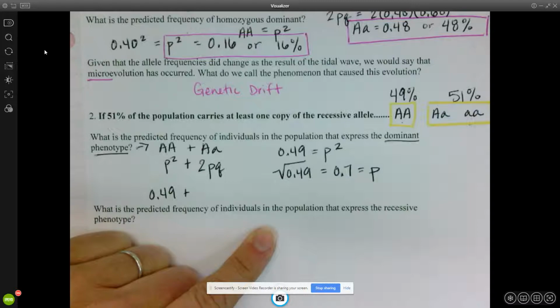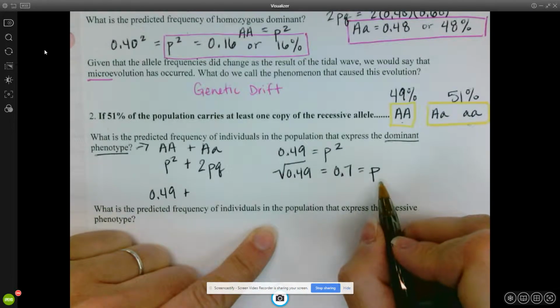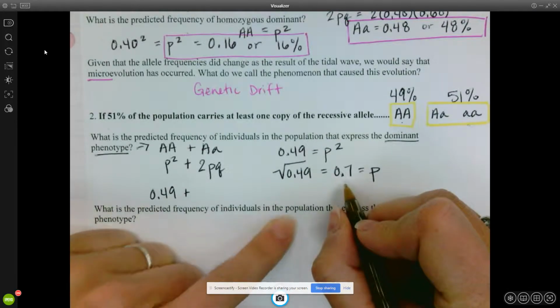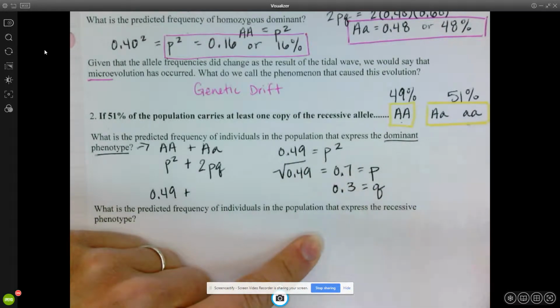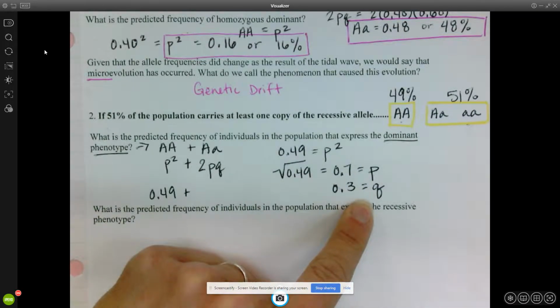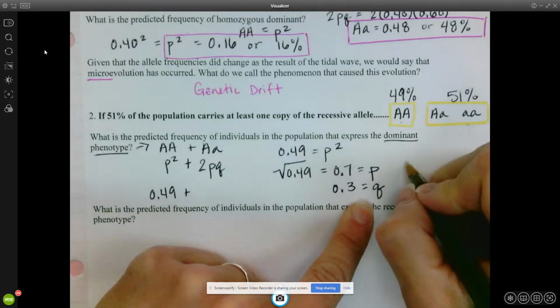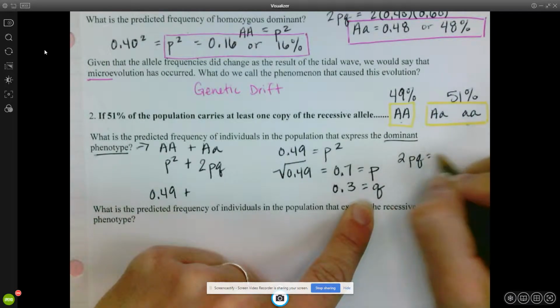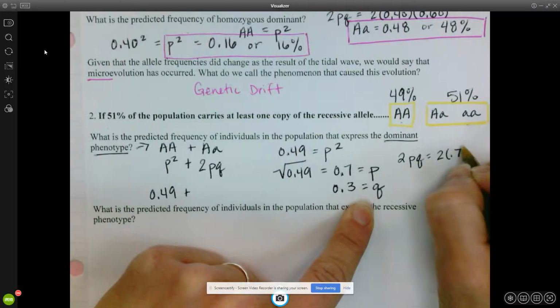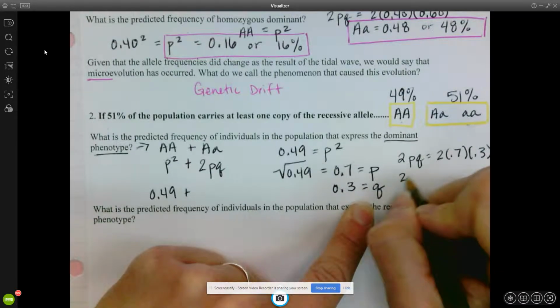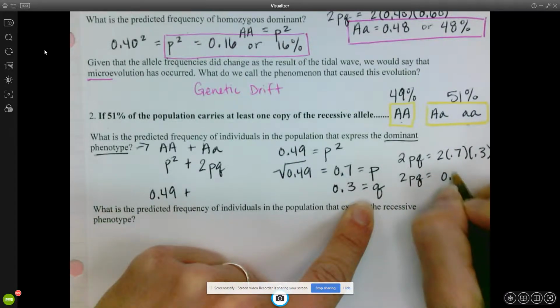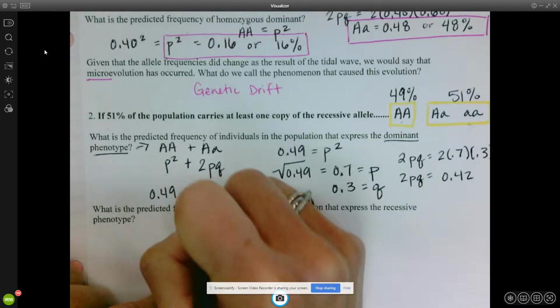Knowing P, because P plus Q equals 1, here's P. The other part of that would have to be 0.3, that equals Q. We now have enough information to find 2PQ, right? 2PQ equals 2 times 0.7 times 0.3. So 2PQ equals 0.42. Are we done?